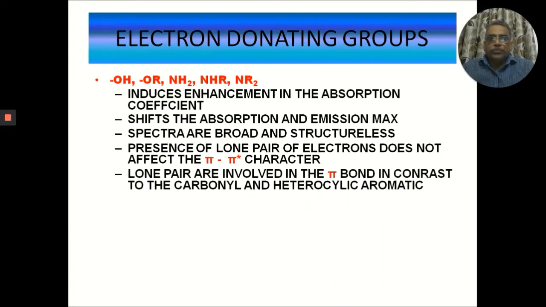Now if you look at the lone pair involved in the pi bond, in contrast to the carbonyls, you can also look at the lone pairs present in the carbonyls and heterocyclic aromatics. In the case of carbonyl and heterocyclic, your n to pi star becomes lower energy, whereas here they are not.